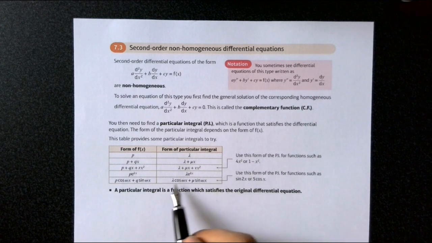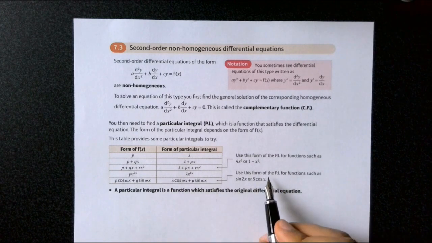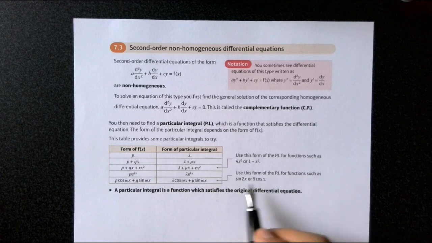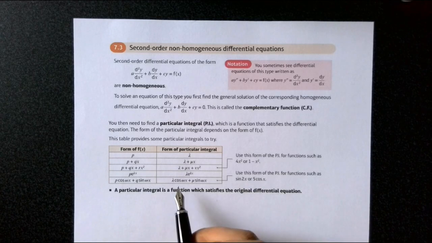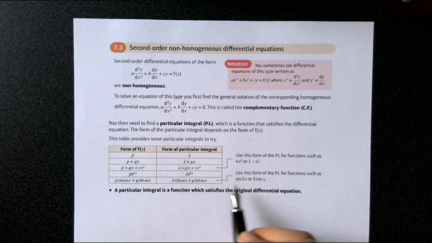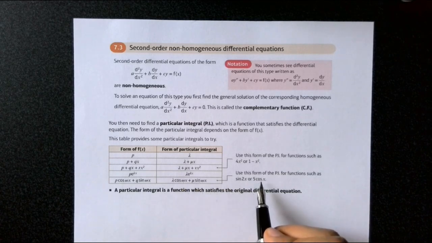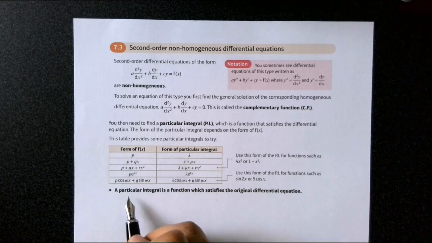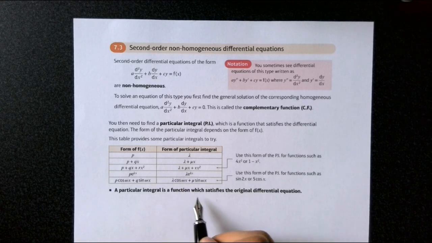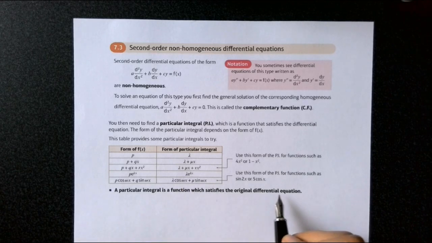And we still use this form of the particular integral for functions such as sine 2x or 5 cos x. In other words, if we've got something involving sines only or something involving cosines only, we still use this form. A particular integral is a function which satisfies the original differential equation.